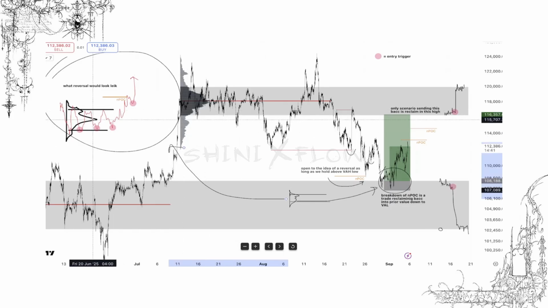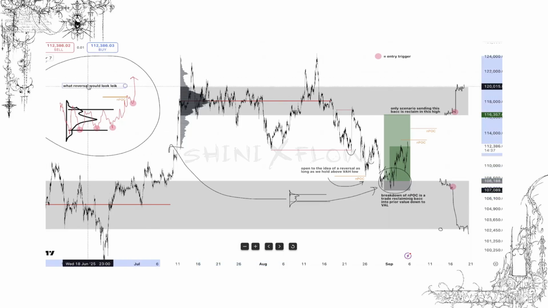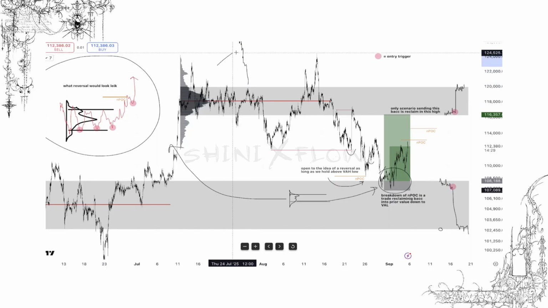You would want to look for a reversal. What this really represents is a type of exhaustion in trend. If you have a downtrend, a lot of sellers are in control, and at some point it starts to exhaust.